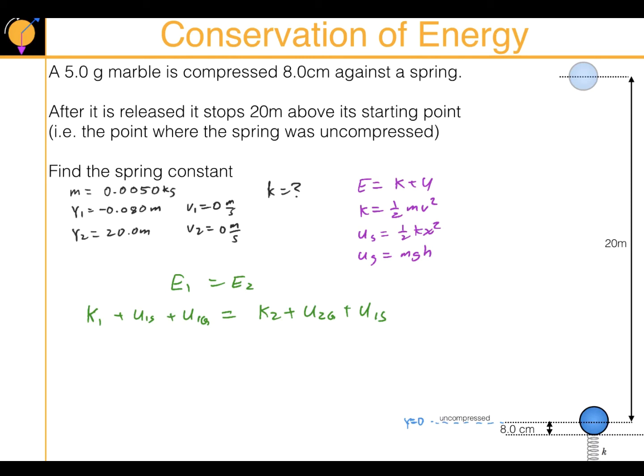So a bunch of these are 0, right? It starts at rest. It ends at rest. And when the marble reaches the top, there's no spring energy, so it's just that.